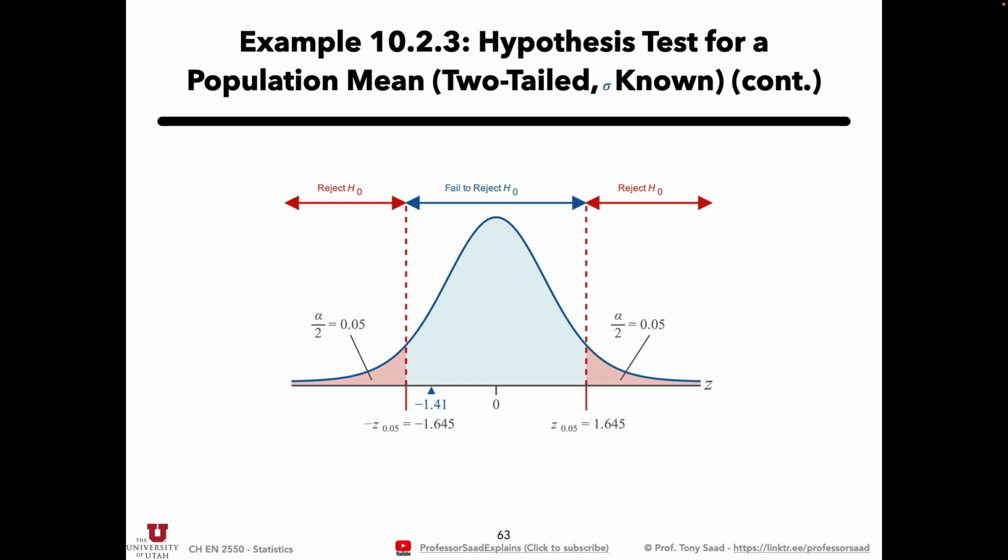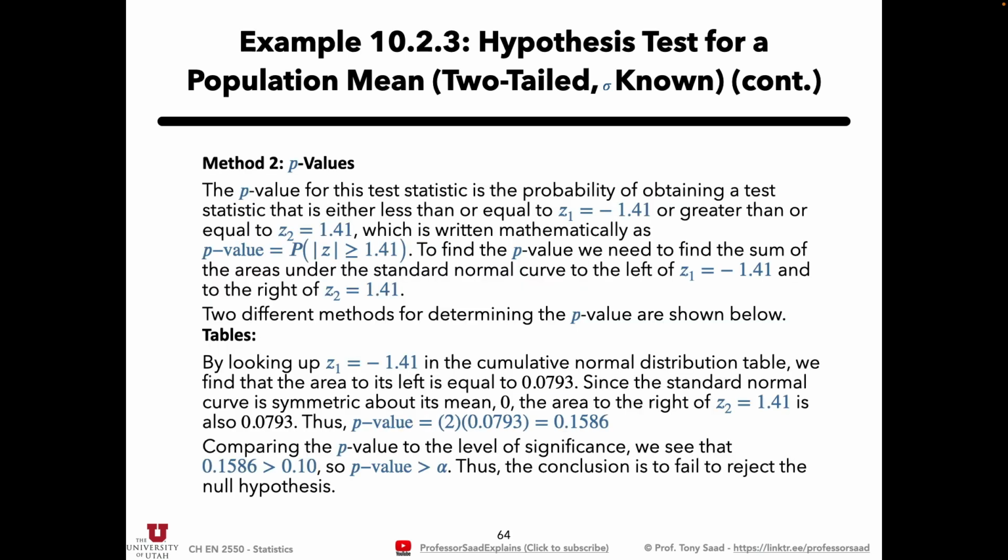Now with the p-values, what you need to do, you have to add up the probabilities that you're either less than minus 1.41 or greater than 1.41, okay? So that gives you your p-value, right? That's the only difference that changes when you're doing a two-tail, okay?